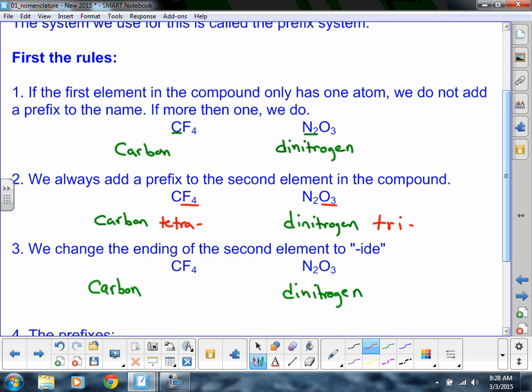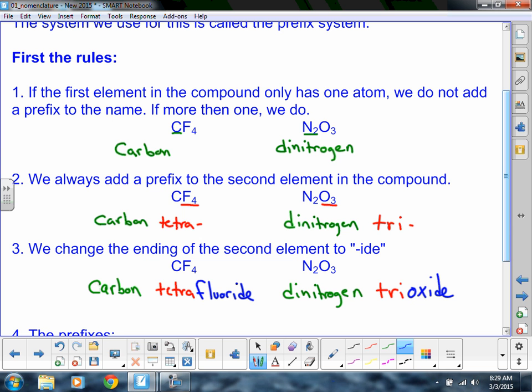The second element, we have a prefix. This time it is tetra. For the fluorine, we have tri over here for the oxygen. And then the last part of this then is to put in the name of the element, changing the ending to IDE. So we're going to have carbon tetrafluoride and dinitrogen trioxide.